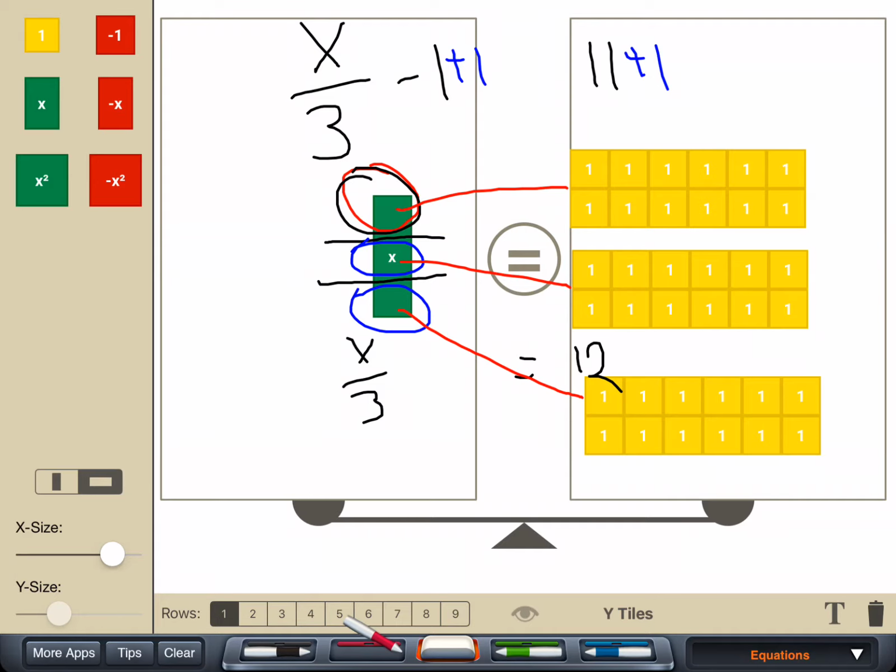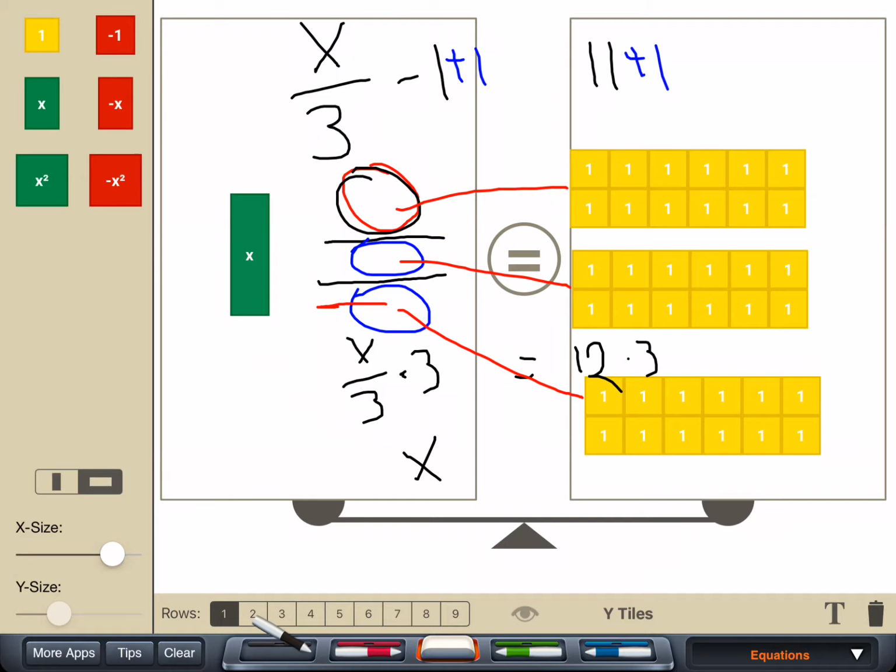So I'm multiplying my thirds to get the whole x, so I'm going to pull away that whole x there. And so just write that down, I'm multiplying my thirds by 3 to get the whole x, but I end up multiplying 12 by 3 to get 36. And that's what I have over here, is 3 groups of 12, which is 36.